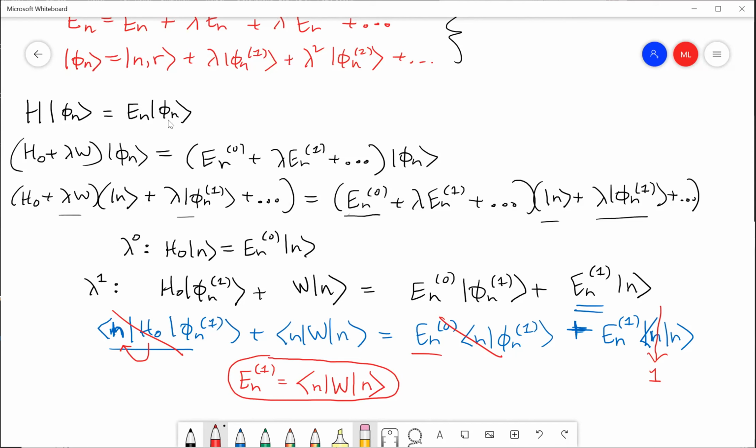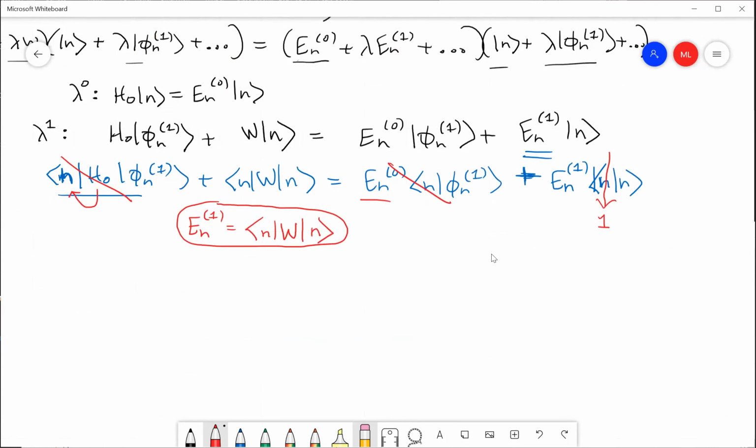Great. So what does this equation tell you more, of course? Again, this is where your knowledge of Hilbert spaces comes in handy. Any state in a Hilbert space, we can decompose into a basis of the unperturbed eigenstates, where the coefficients are just these inner products between <m| and phi_n^1.